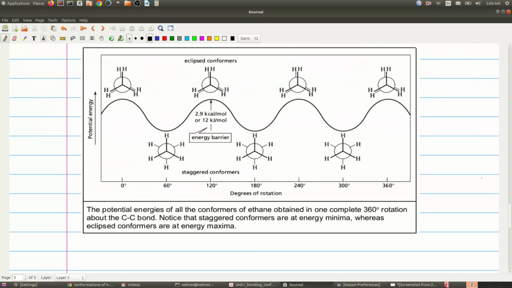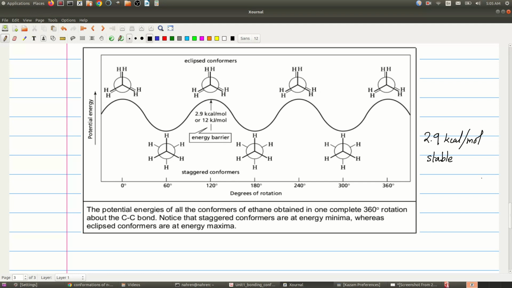Here is the potential energy diagram of all the conformations of ethane obtained in one complete 360-degree rotation about the C-C bond of ethane. You will notice that the staggered conformations, or conformers, are about 2.9 kilocalories per mole more stable than the eclipsed counterpart.